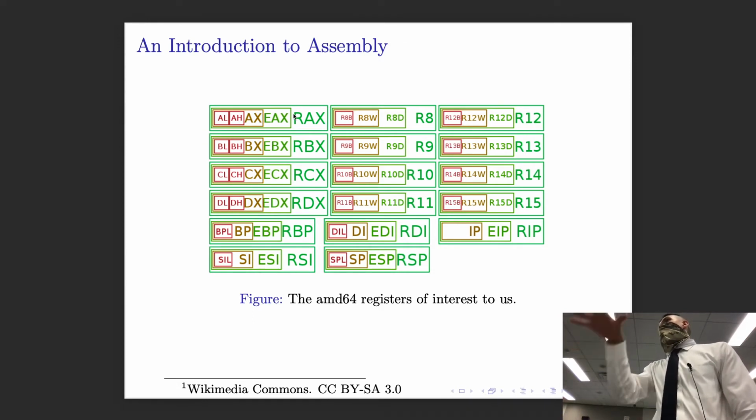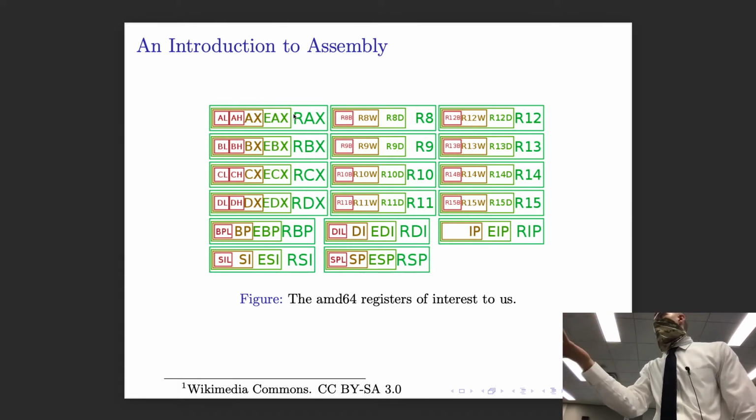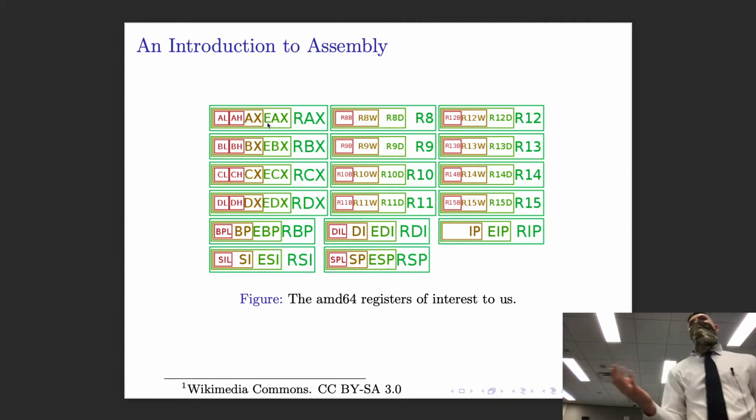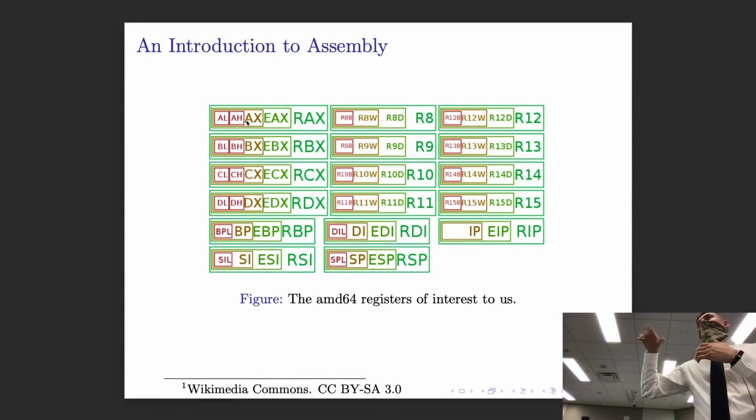You can refer to just the least significant 4 bytes and treat that as a 4-byte register, and you would refer to that as EAX. That's the name for the lowest 4 bytes of the register. There's AX, which is the least significant 16 bits. There's AL, which is the least significant byte. AH, which is the second least significant byte of the register.